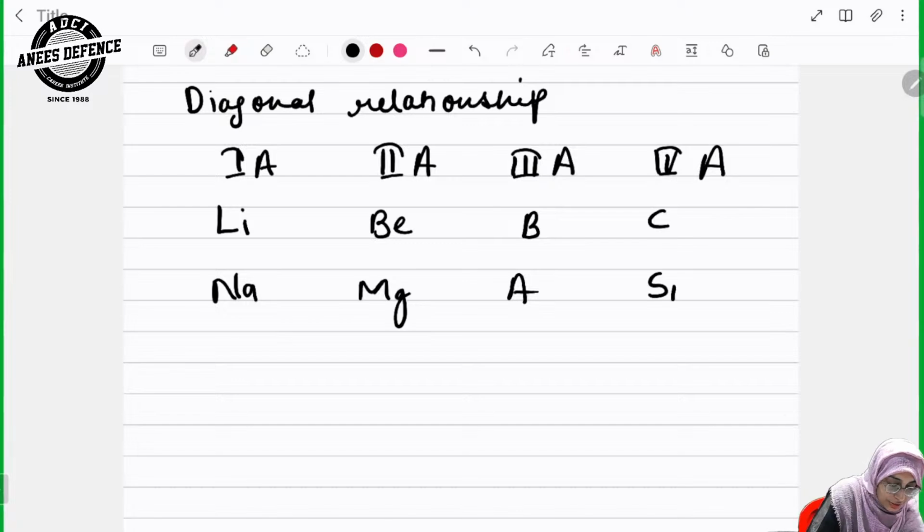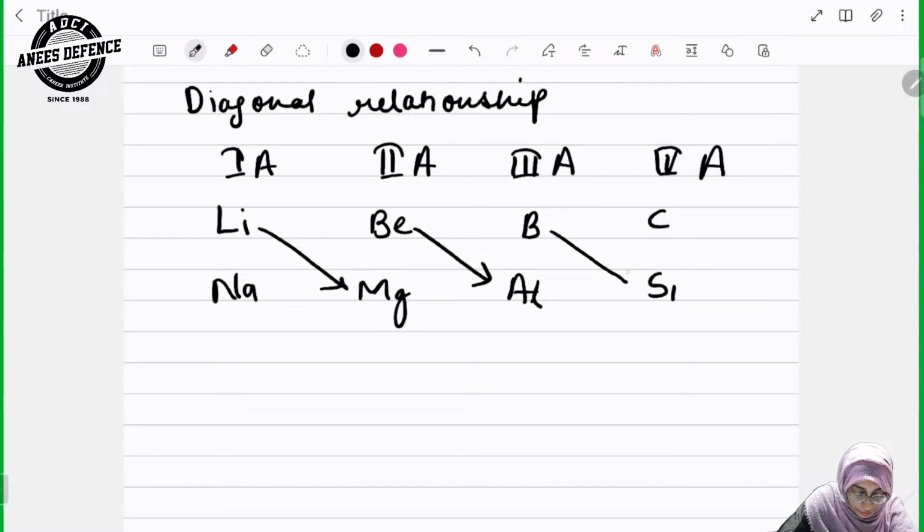So what we see is that the properties of lithium and magnesium are comparable, beryllium and aluminum are comparable, boron and silicon are comparable. So diagonal relationship is observed only up to group fourth, and after group fourth it is not observed.